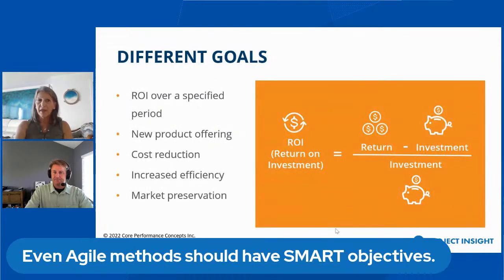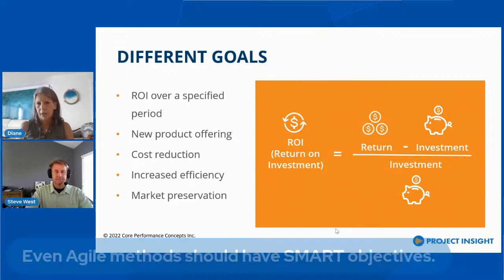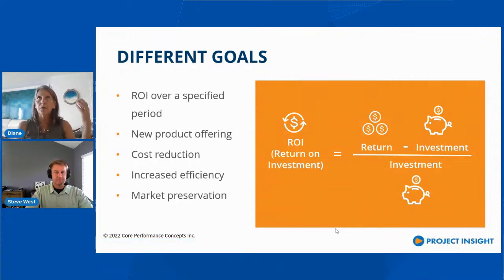Yeah, great. And this goes right into the whole thing about what are the different kinds of goals you could have. The more strategic the project is, typically it's more about ROI, right? But you could have a project that's just trying to get a new product offering, which again I can talk about ROI because it's about market share, revenue, profitability, et cetera.